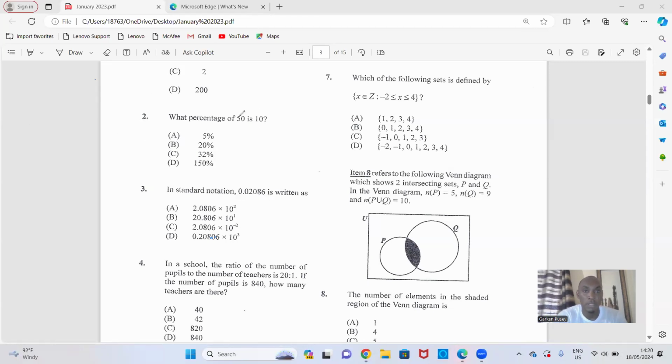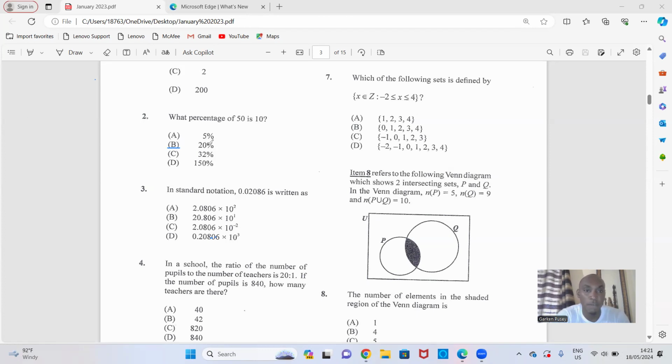So let us look at it this way. There are many ways to do this question. How many tens can we get from 50? We can get 5 tens. And remember, percentage is out of 100. So let us look at our second answer. I'm jumping straight to the answer, and I'm going to explain why this is the answer. How many 20s can we get from 100?